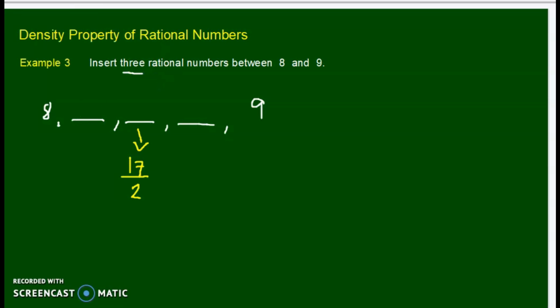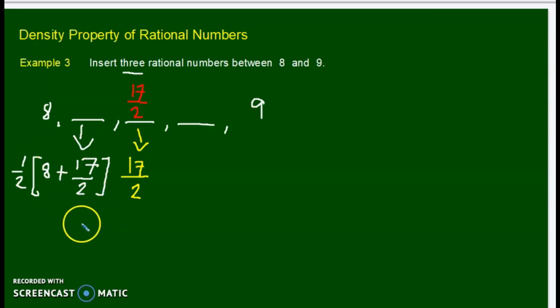Tapos, di ba, etong pangalawa, or yung una sa tatlong nawawalang rational numbers, ay pinakagitna din ng 8 at 17 halves. So, ibig sabihin, we can still apply yung averaging. So, we have 8 added to 17 halves, and then this will be divided by 2, or para mas magandang tingnan, multiply natin by 1/2.